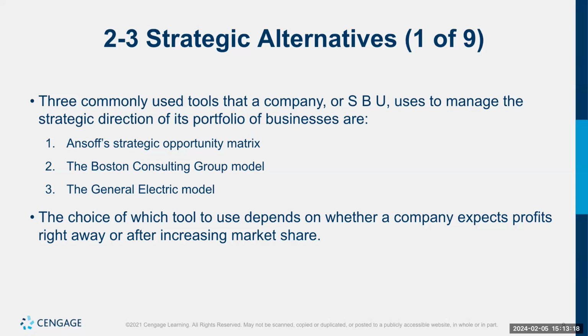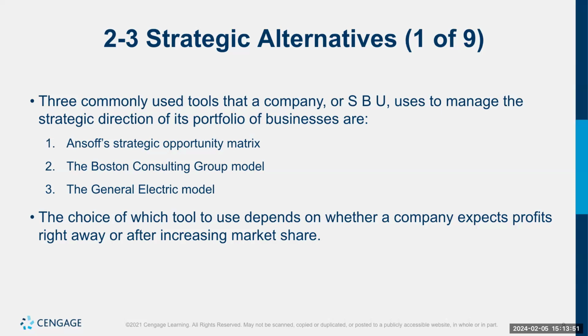It concentrates on creating a new product or service for an existing market, and this strategy is aimed to diversify the product offering and cater to evolving customer needs. The last thing you have within Ansoff's strategic opportunity matrix is diversification, which means that you are entering entirely new markets with entirely new products or services, and this can be a high risk, high reward approach.